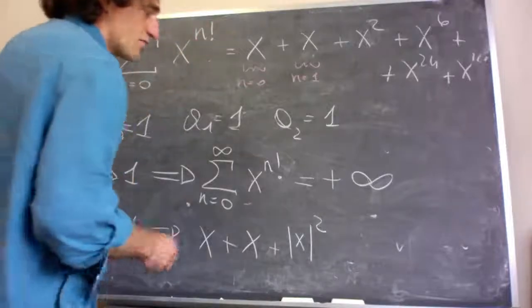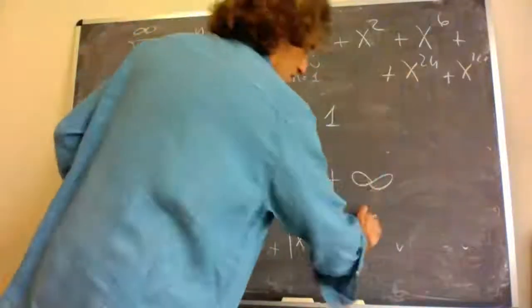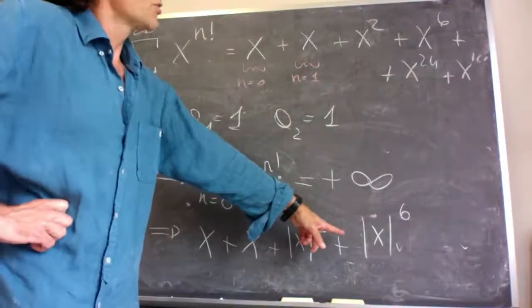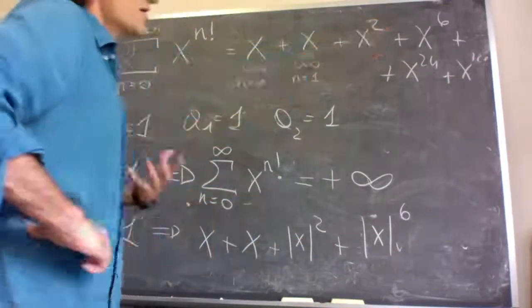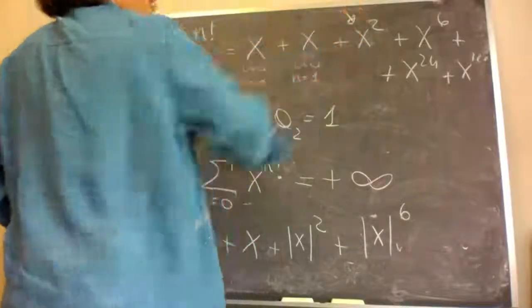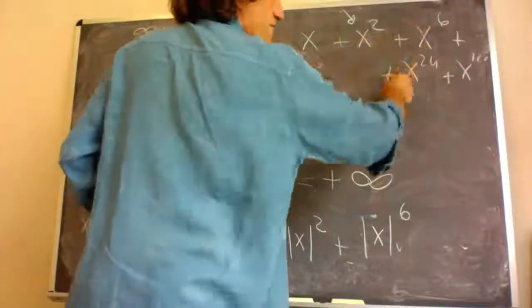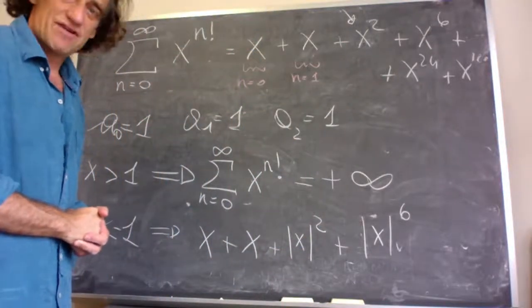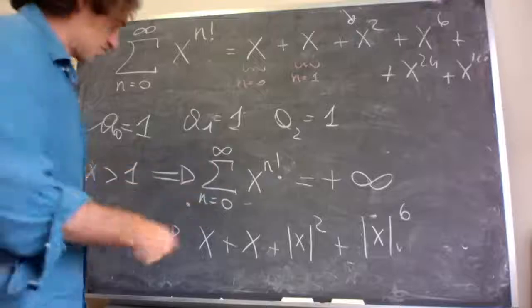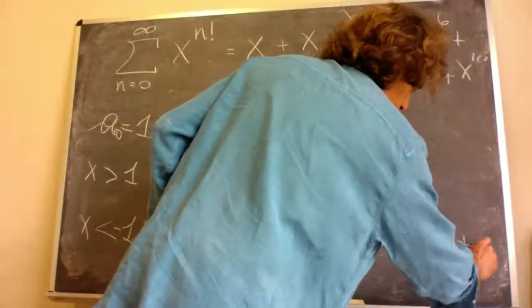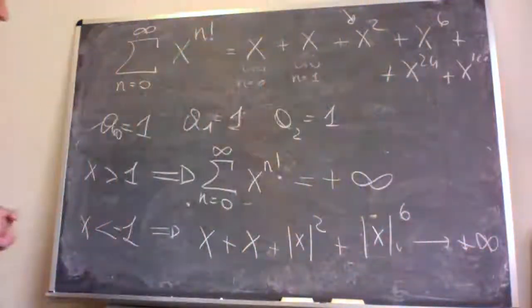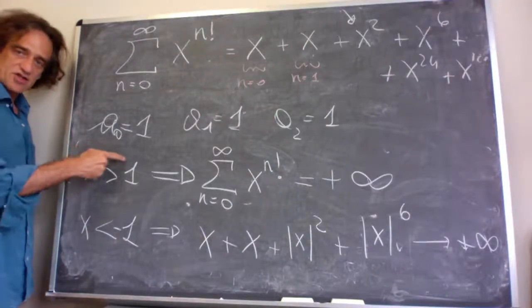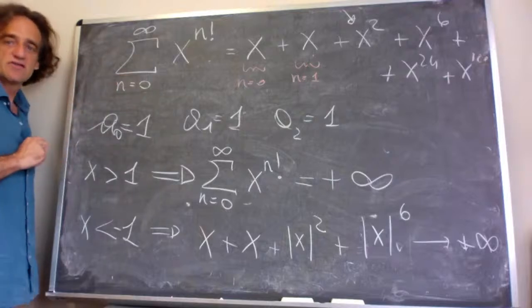Then we go to x to the 6, which is equal to modulus of x to the 6th power. So from the 3rd term on, we always have an even power, so we have positive terms. So this goes to plus infinity. So as a conclusion, when the modulus of x is larger than 1, then the series positively diverges.